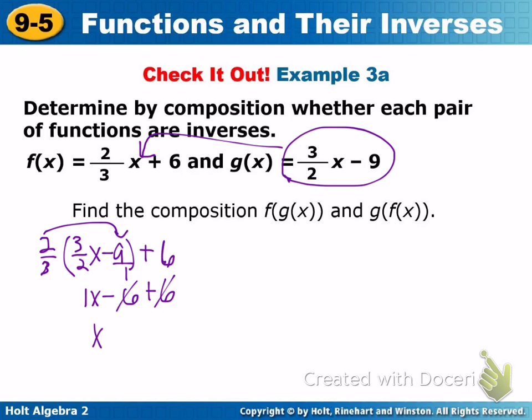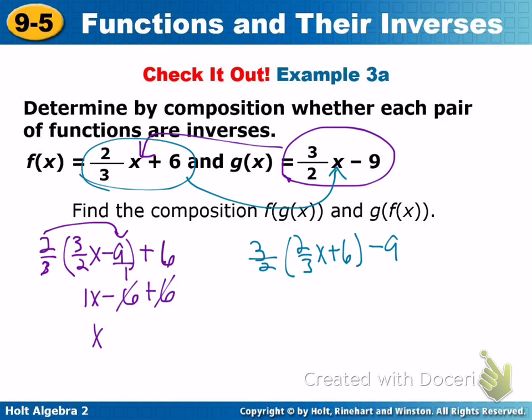Let's do the other one. So now we're going to put the f of x into the g of x. See if we can get it done. So that would be the 3/2 times the 2/3 x plus 6, minus 9. All right, again, the 3/2 and the 2/3 equals what when you multiply them? 1x.